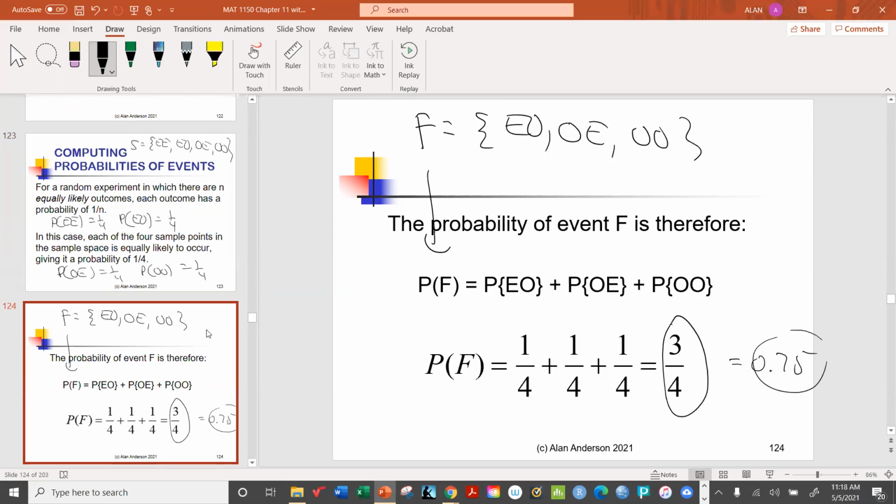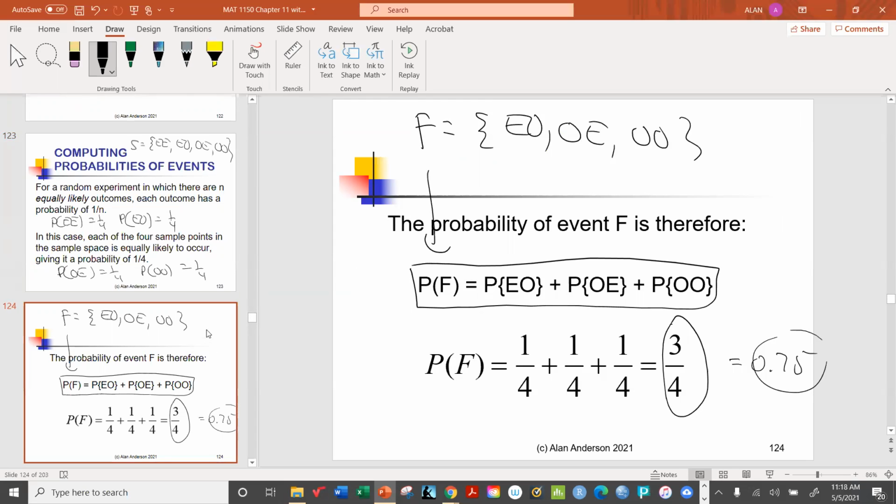So here we recall F is equal to EO, OE, and OO, which implies that this must be true. The probability of F is the sum of the individual elements' probabilities that compose F. And each of these we already know has a probability of 1/4. So when we're done, we can see that this probability is just 3/4.